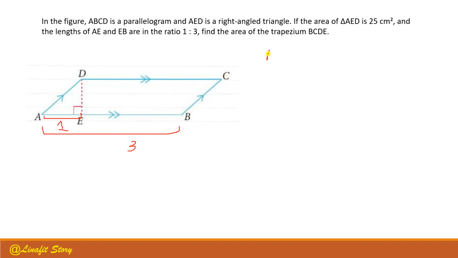To get the area of the triangle AED is 1/2 times base times height. So 25 is equal to 1/2 times the base is AE and the height is ED.